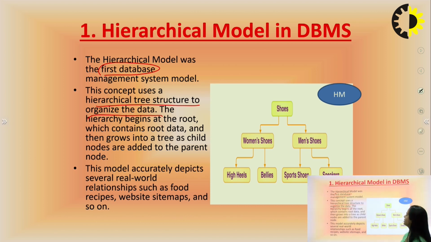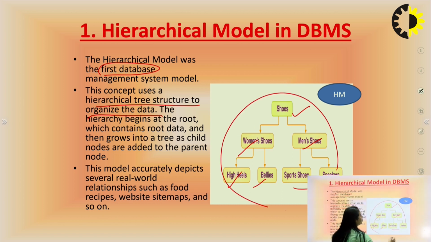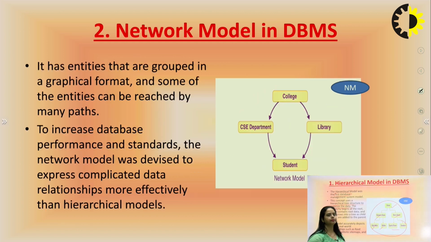Shoes are further subdivided into women's shoes and men's shoes. Women's shoes are also further subdivided into high heels and bellies. This is completely known as the hierarchical model, where data is represented in the form of a hierarchy.